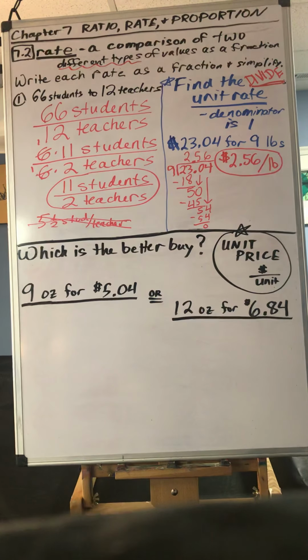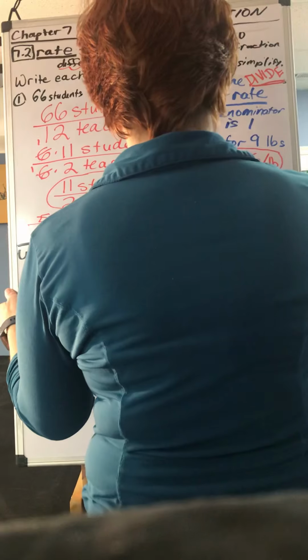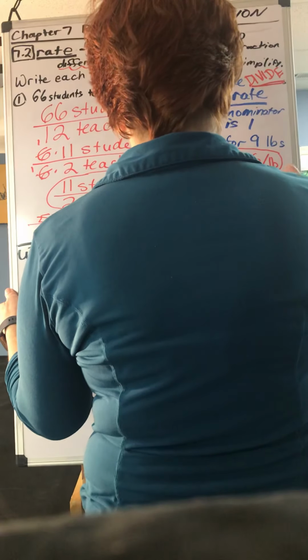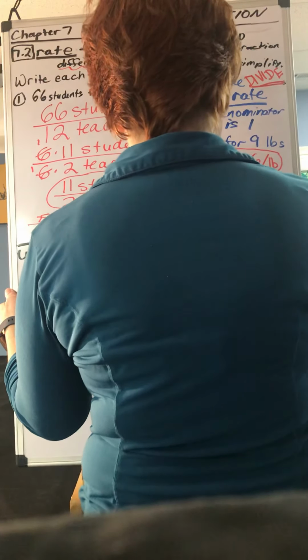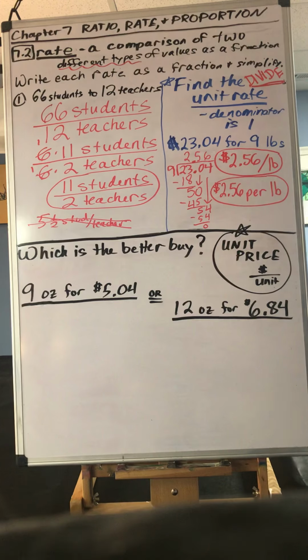Another way of writing that answer is to simply write $2.56 per pound. Either way of writing that answer is acceptable, but you need the dollars, you need the per, and you need the pound. In the top answer, the slash mark indicates that it's per pound.